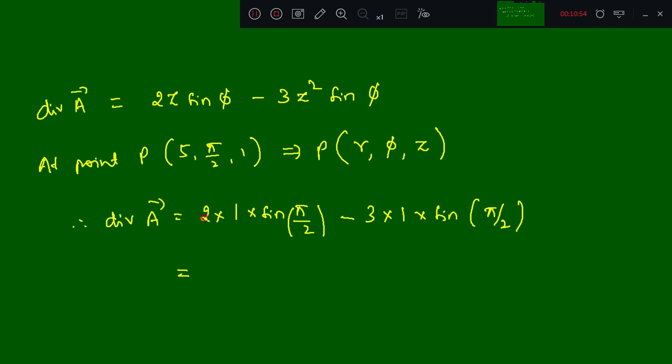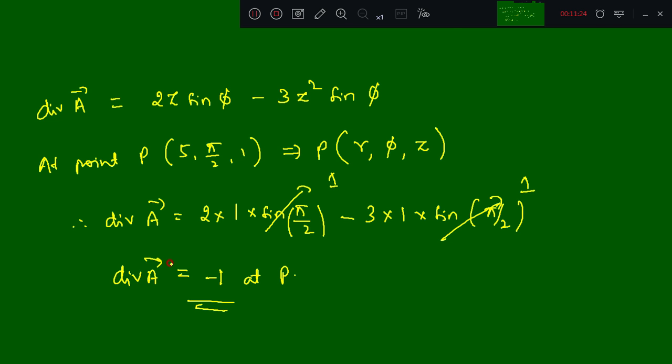Sine 90 is 1, so 2 into 1 into 1 is 2, minus 3 into 1 into 1, and I get -1 at P. This is again a scalar quantity. This is the divergence of A.